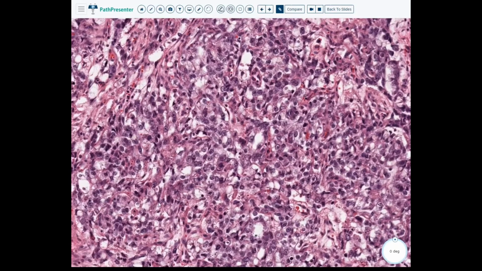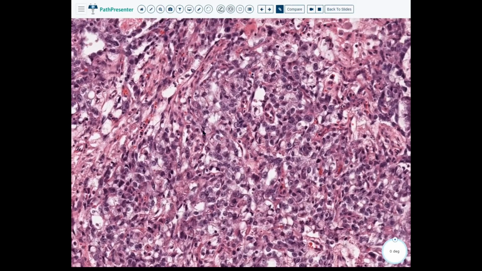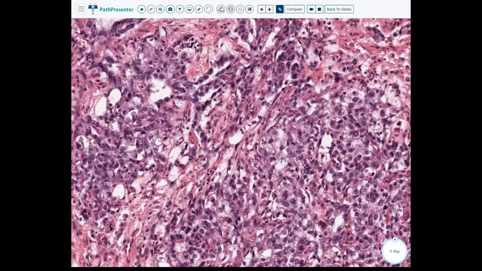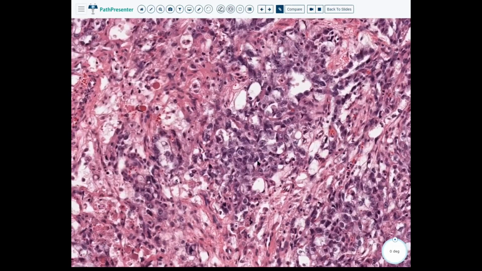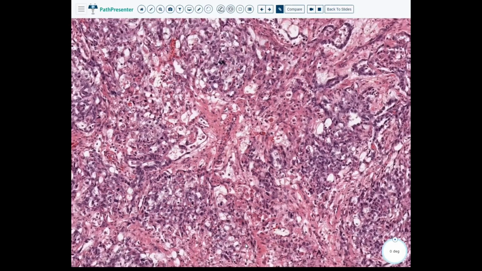They're somewhat epithelioid in appearance. Cytoplasm is clear, maybe somewhat vacuolated in appearance. Some areas it's more pale and eosinophilic. And there's a little bit of pleomorphism, like some of them are a little more round, some of them maybe a little more triangular, but they all look like they're within the same family.